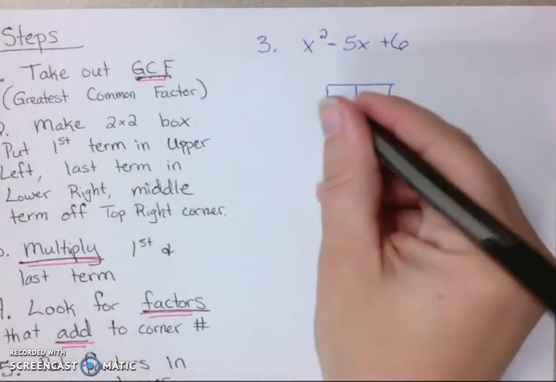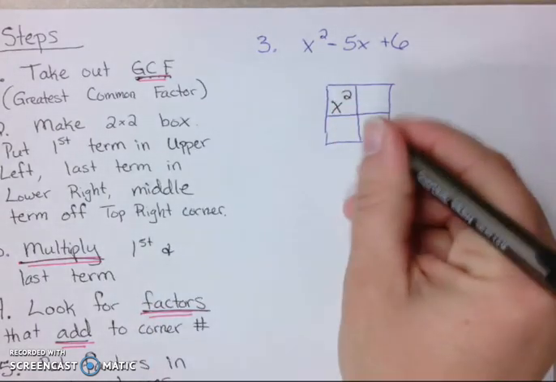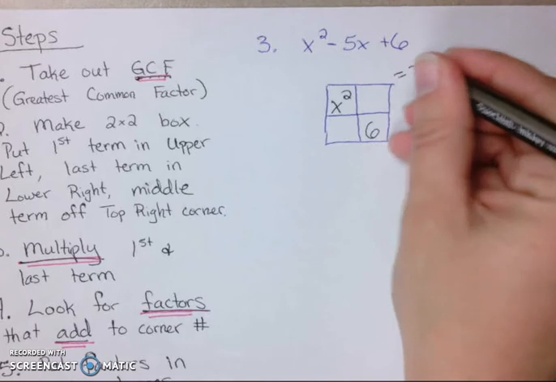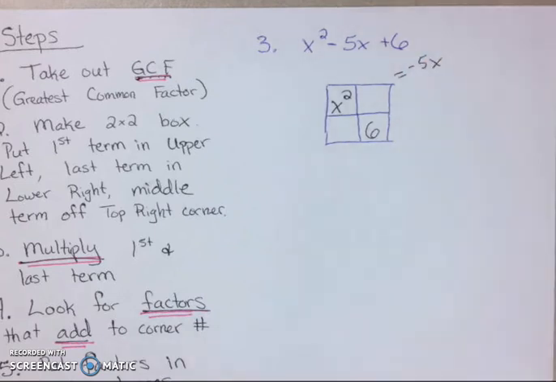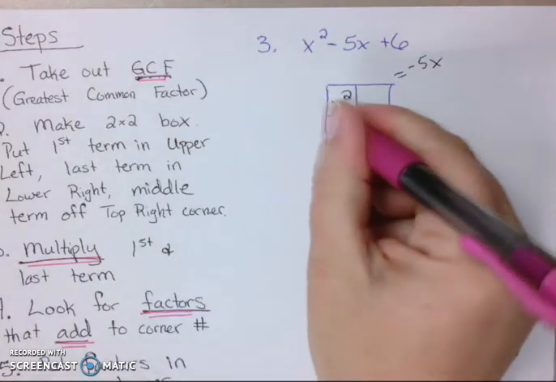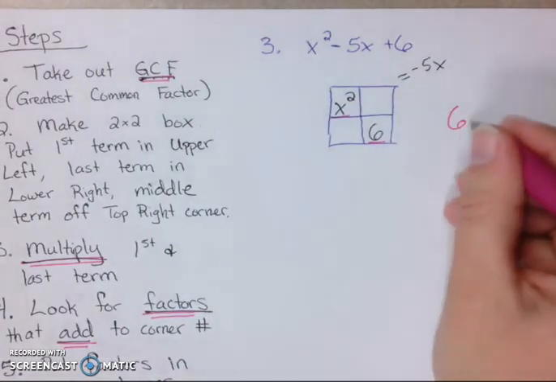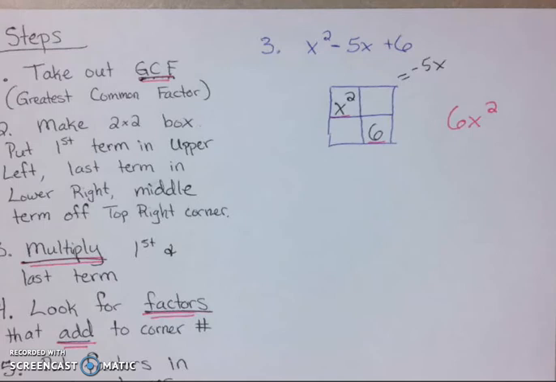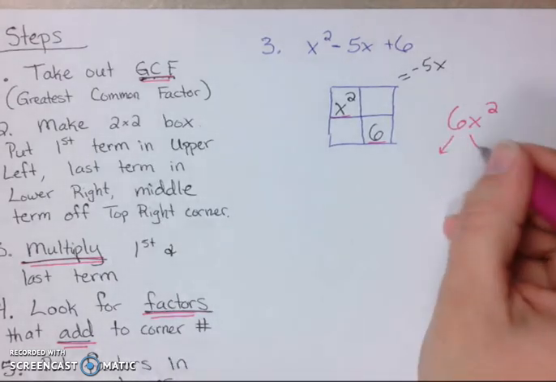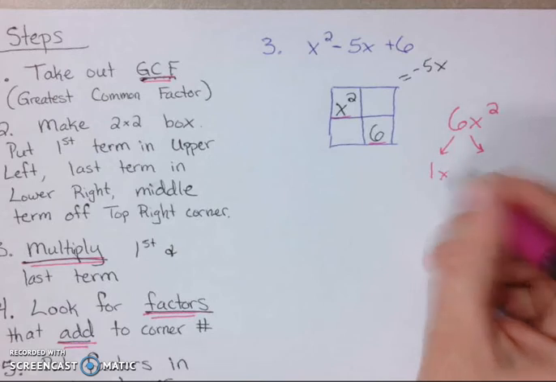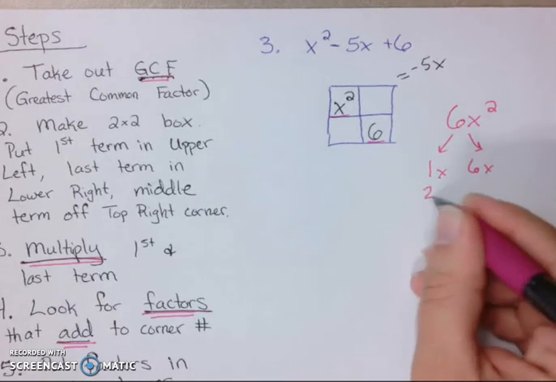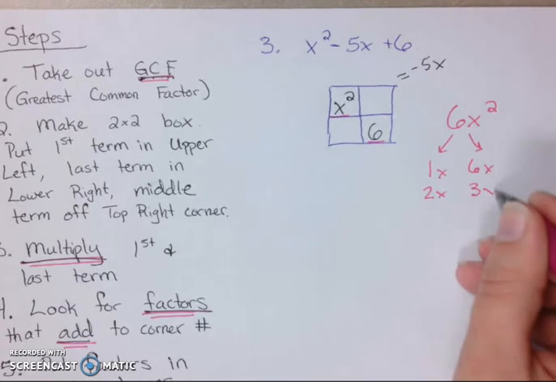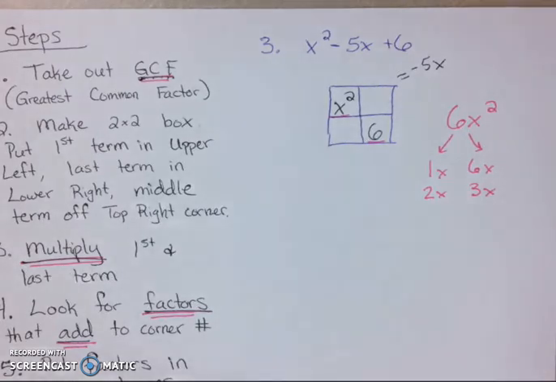Okay, first term in the first box, last term in the last box, middle term off to the corner. That's step 2. Step 3 is we multiply these together and write that to the side. Step 4, look for factors. So you have 1 and 6, and 2 times 3 are our 2 factors of 6.